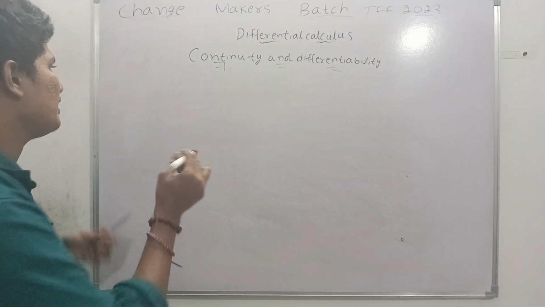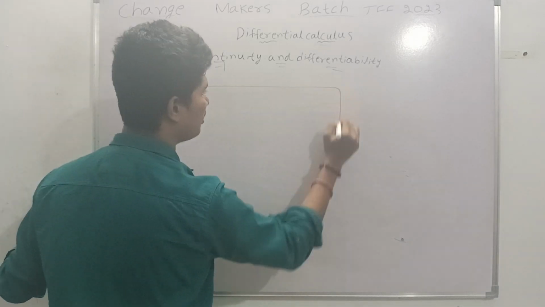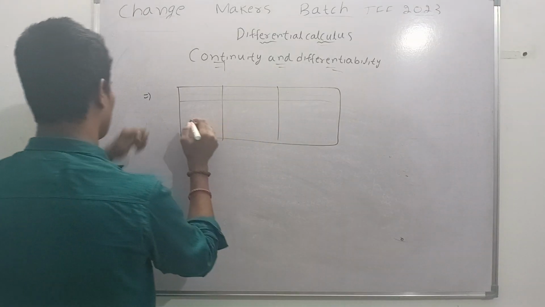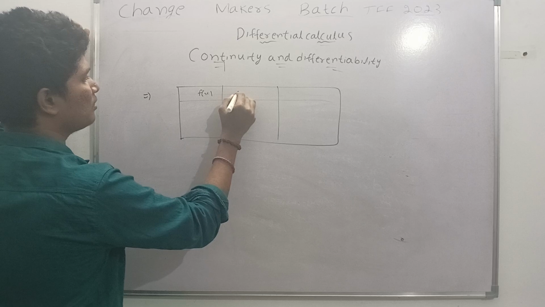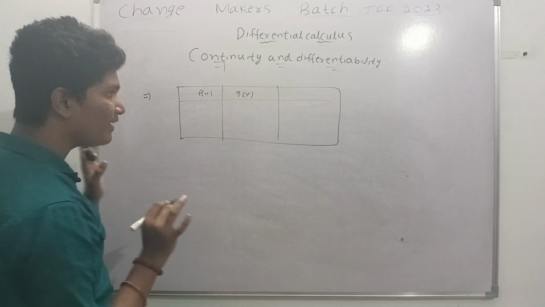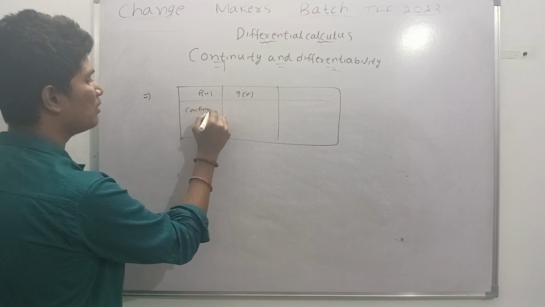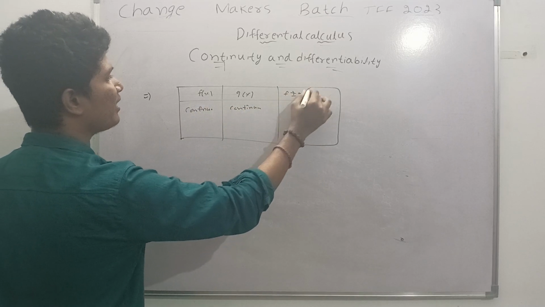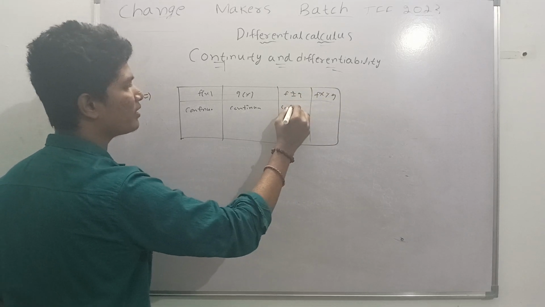And next, when we see limits, I already explained a magical table. Here also there is a magical table. That is, if we take functions f of x and g of x, and if they are both continuous, then f plus or minus g, and f into g, and f divided by g, these all are continuous.